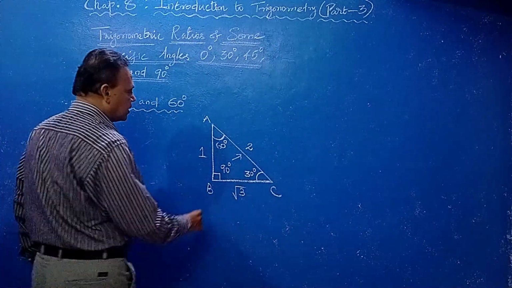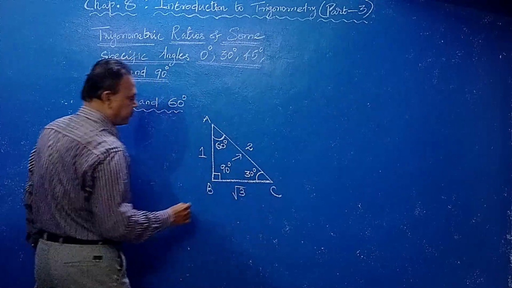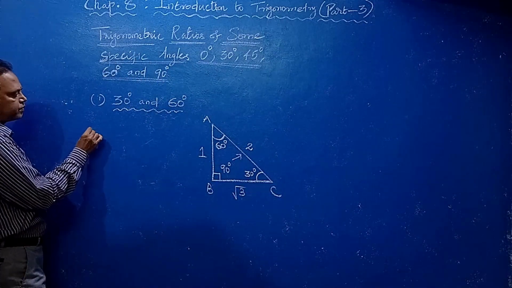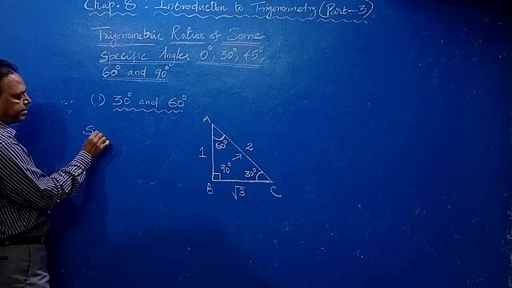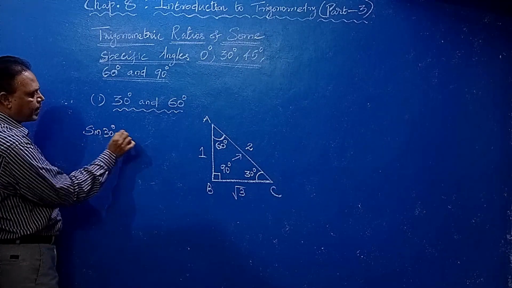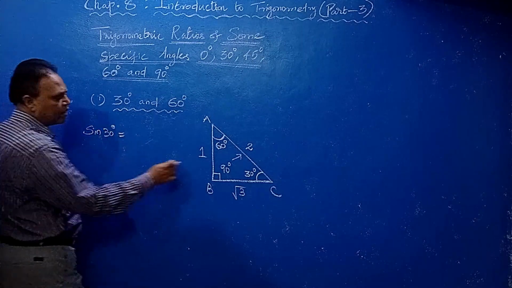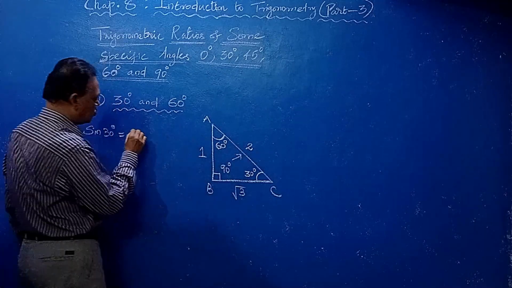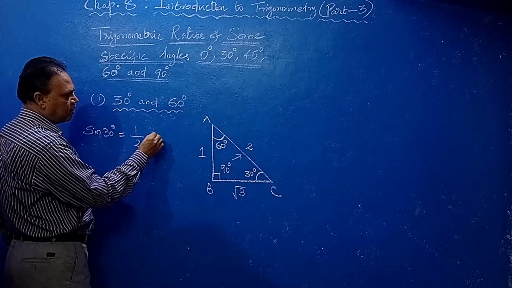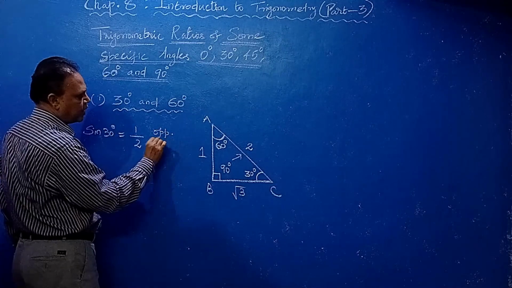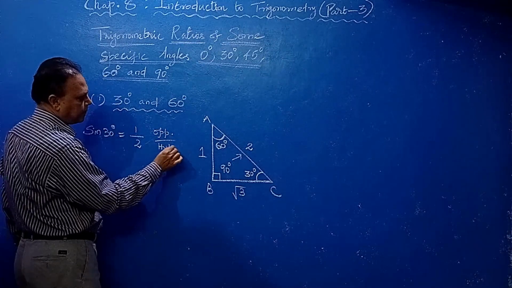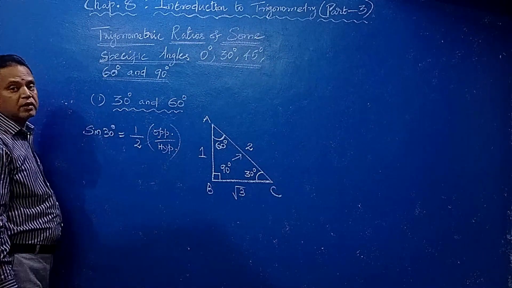Now easily we can calculate sin 30. What is sin 30 degree? Opposite side by hypotenuse, so 1 by 2. For understanding purpose, you write opposite by height.